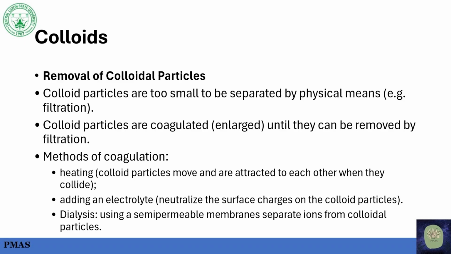Common methods of coagulating colloids: first is heating. When we heat the colloidal solution, the colloid particles move and are attracted to each other when they collide. Another method is adding an electrolyte, which neutralizes the surface charges of the colloidal particles.